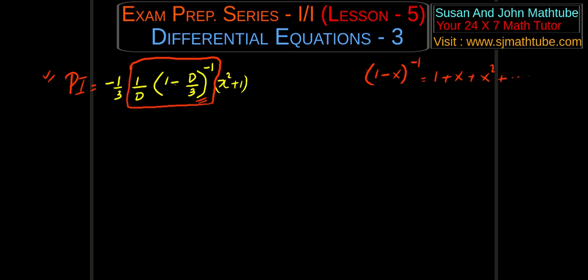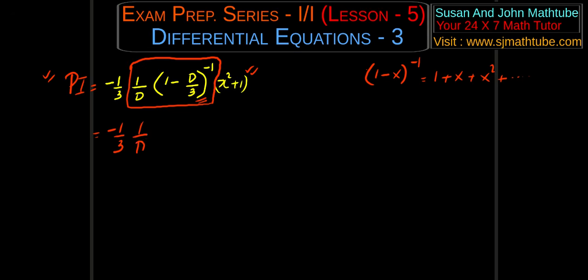And only after simplification, you are allowed to operate. Okay, so this is minus 1 by 3. And look at this, we have a quadratic. Quadratic means the third derivative will be 0. So you have to write till you get the third derivative.